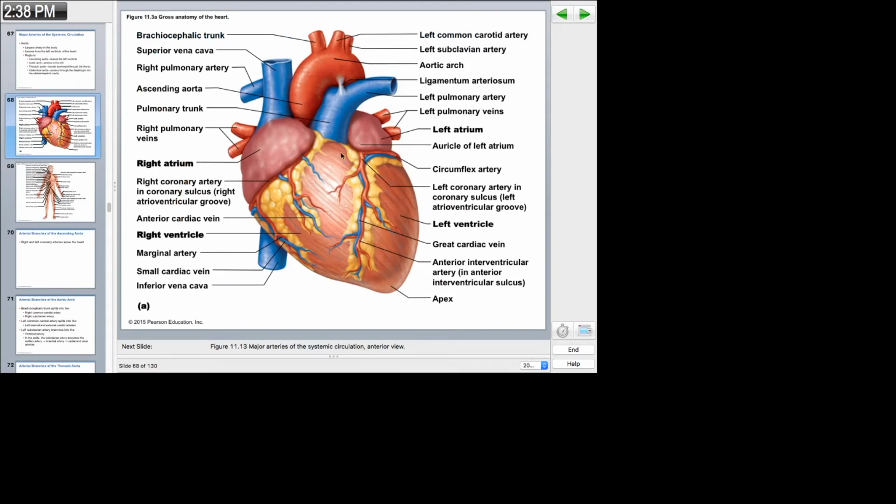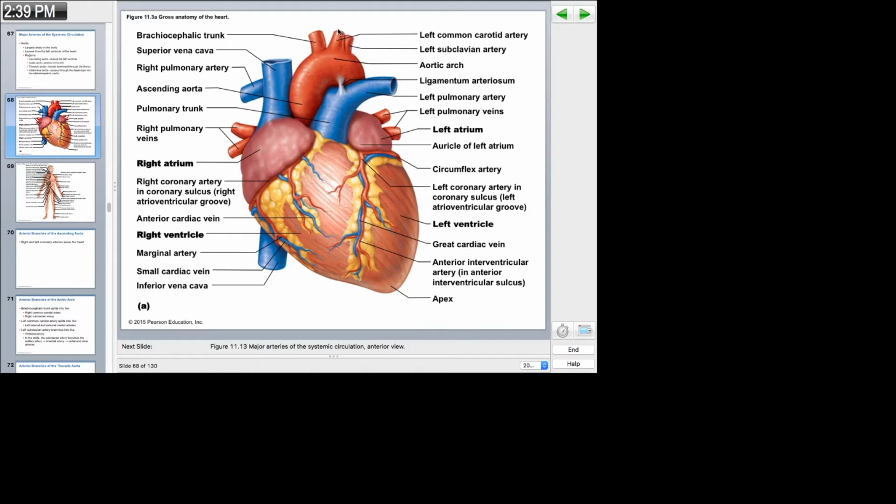Okay, it leaves from the left ventricle, and off the top of it, you've got three, see it right here, three blood vessels that leave. You've got the first one, which is your brachiocephalic trunk. Okay, your second one is your left common carotid, and your third one is your left subclavian.